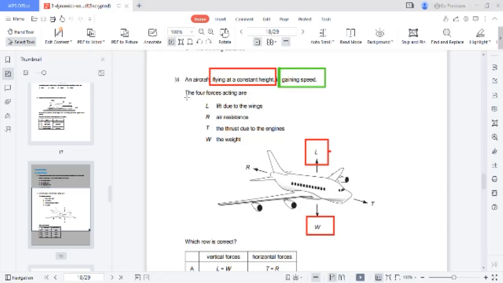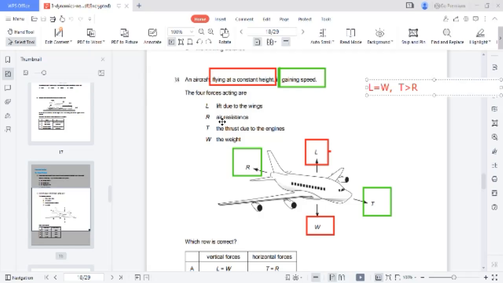Increasing means this thing is larger than this thing, meaning thrust is greater than resistance. So that's why the aeroplane is gaining speed. So what are the options? Our possible answers would be that lift and weight are equal, and thrust is greater than resistance. So these are our possible options.